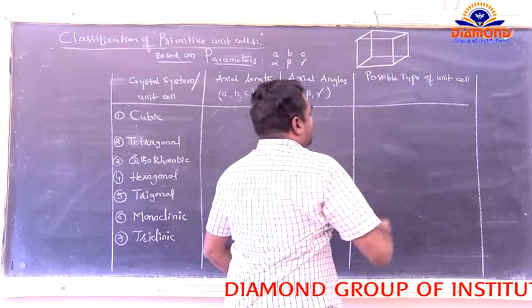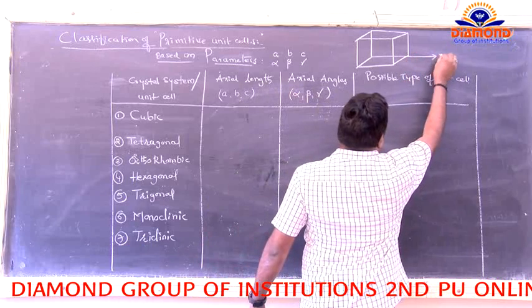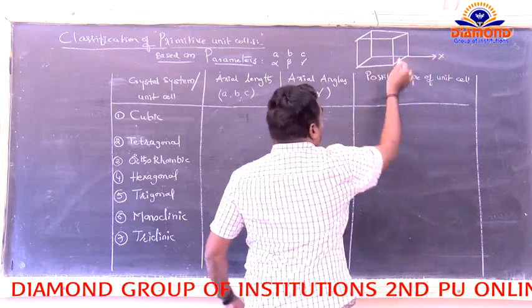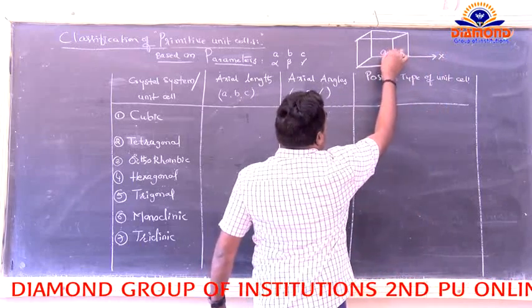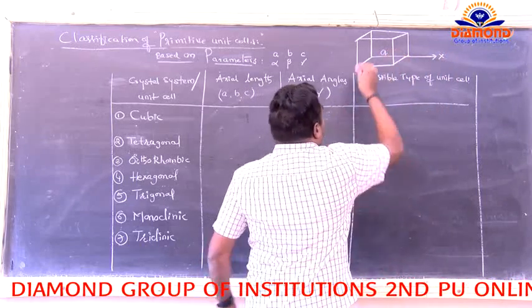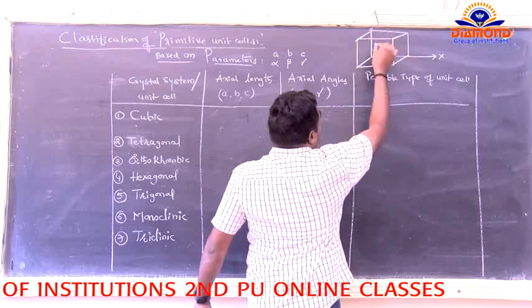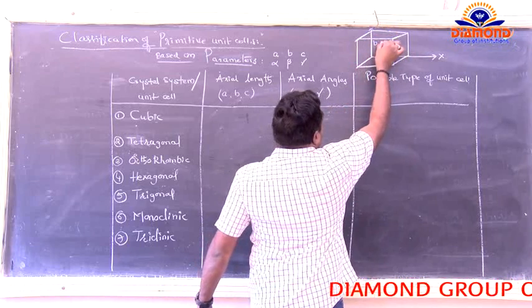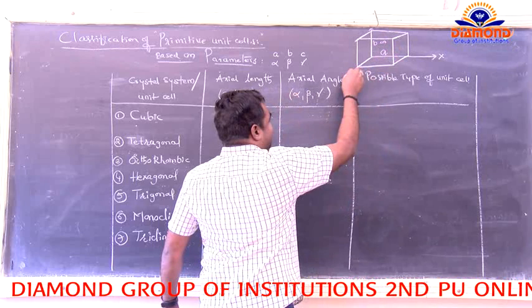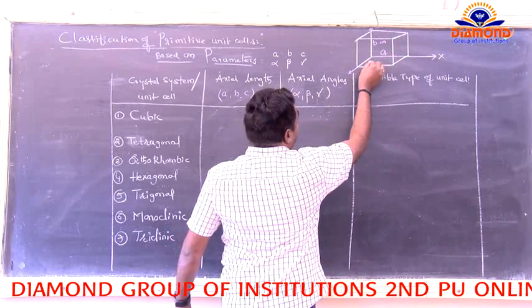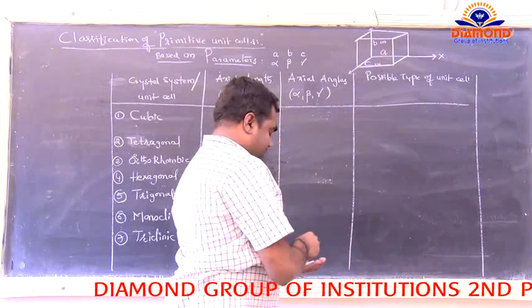So it is a unit cell. Along the x-axis, the length of the unit cell is taken as small a centimeters, and along the y-axis, the length belongs to small b centimeters, and along the z-axis, we have small c centimeters.